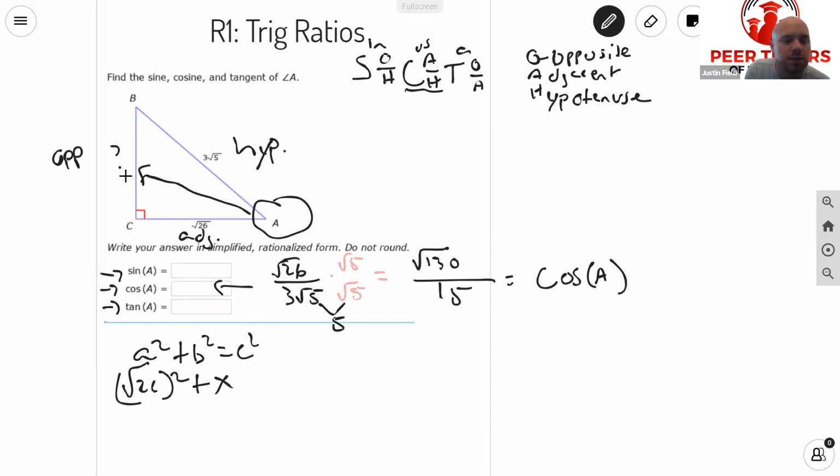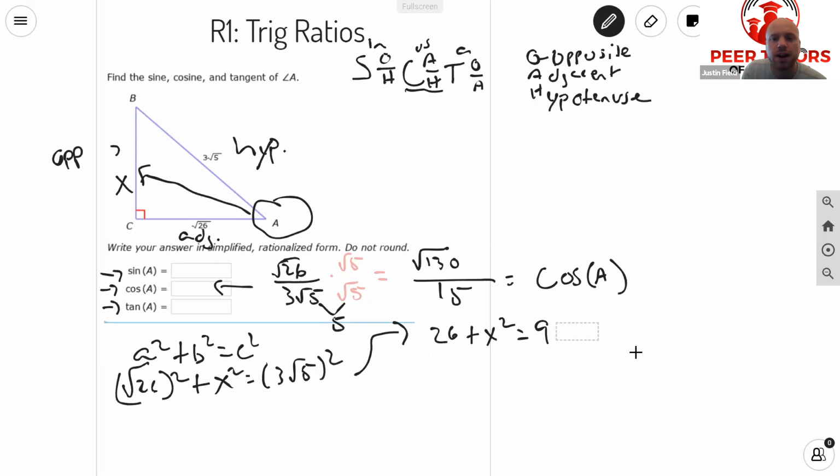And I can say 3 root 5 is the hypotenuse. So the square root of 26 squared is 26, plus x squared. And then 3 root 5 squared is going to be 9 times 5. The 3 times 3, and then the root 5 makes just 5. So that's 45.